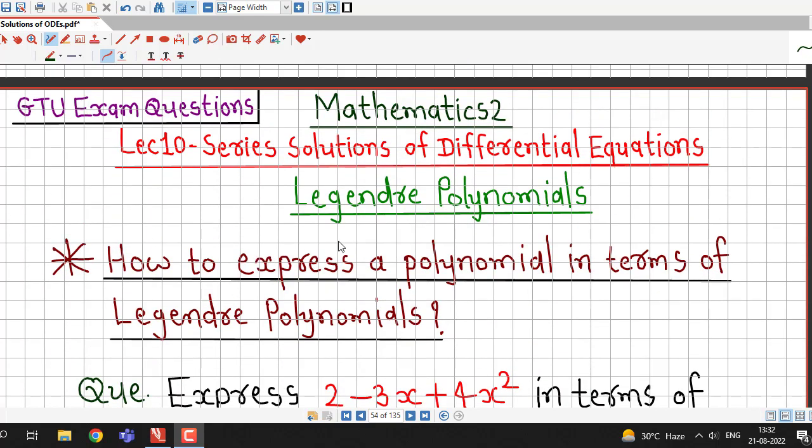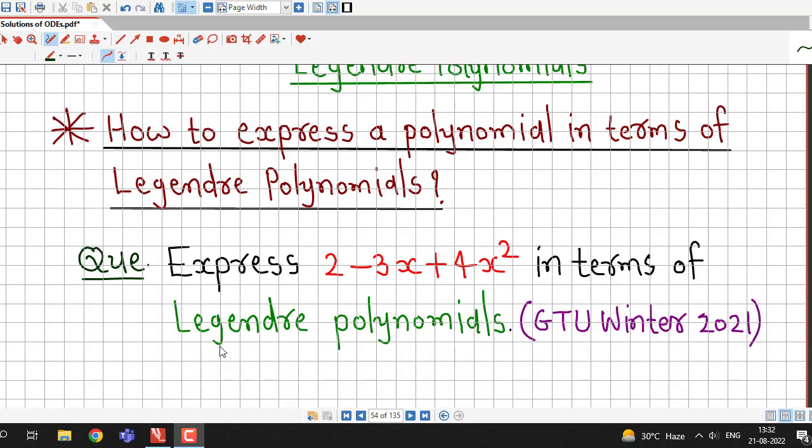Sometimes they ask you to express a given polynomial in terms of Legendre polynomials. So today we are going to discuss how to express a given polynomial in terms of Legendre polynomials, and we discuss a question related to this, which was asked in the GTU Winter 2021 exam.